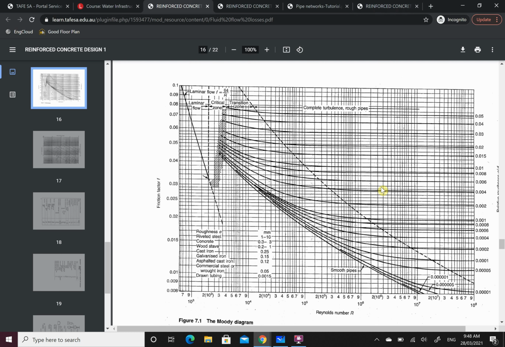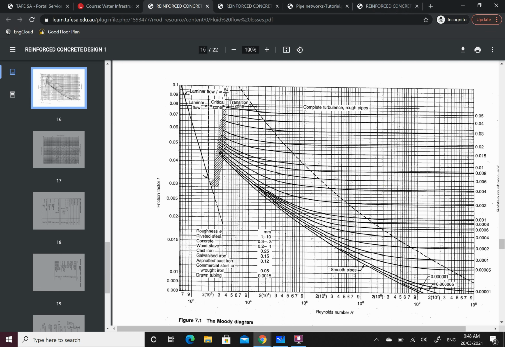Alright, so what do we have? We've got 0.002, which is here. So this line here is what we're following. And we have 4.25 times 10 to the 5 for our Reynolds number, which is somewhere in here. So we come up to where they meet, about here, and then we come straight across.